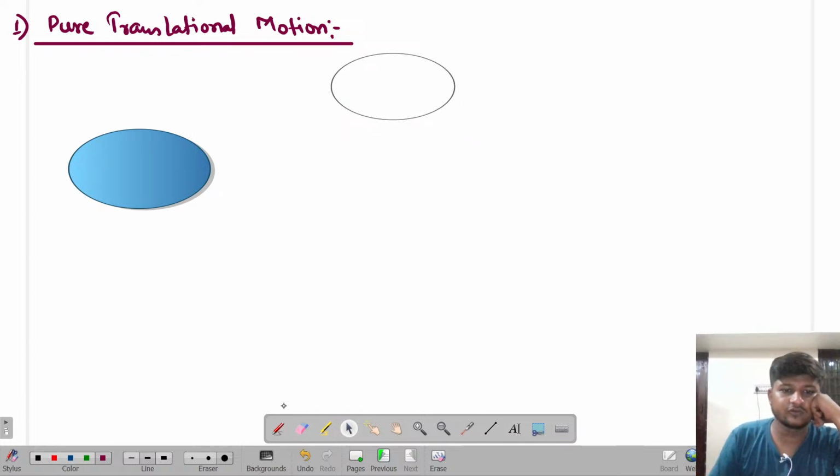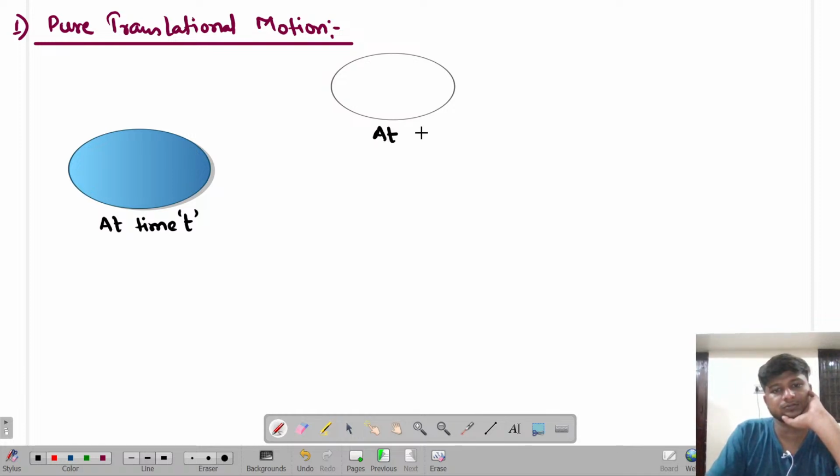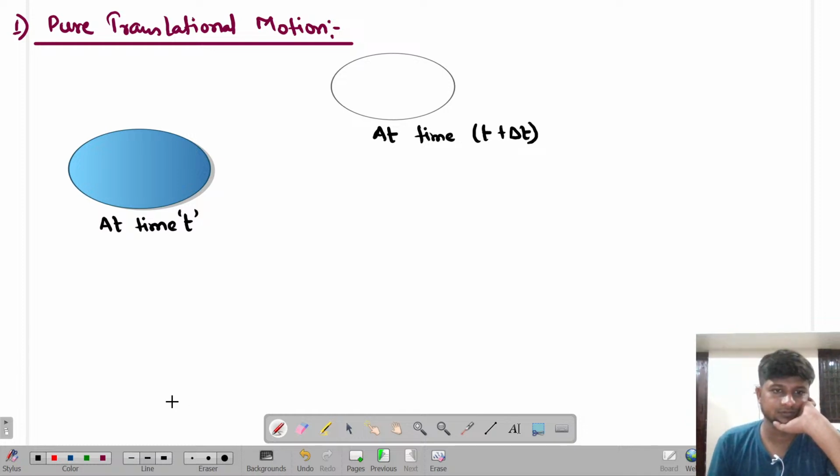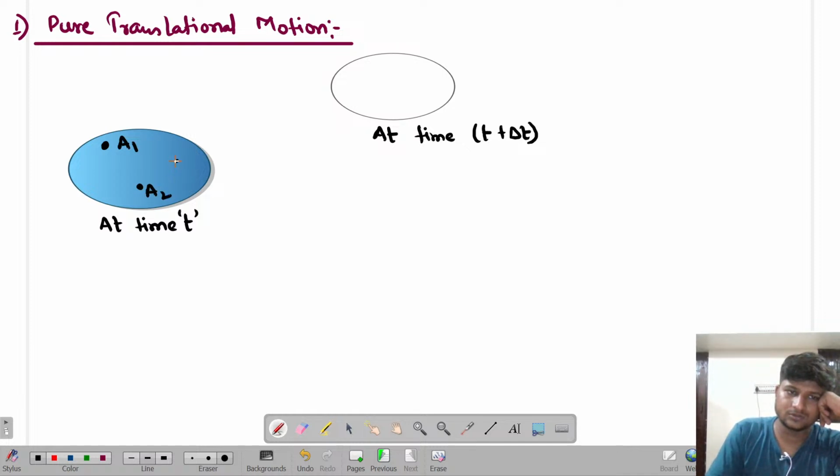So I move this disk. Let's suppose this disk was over here at time t, and this disk at time t plus delta t. There are 3 points, A1, A2, A3.